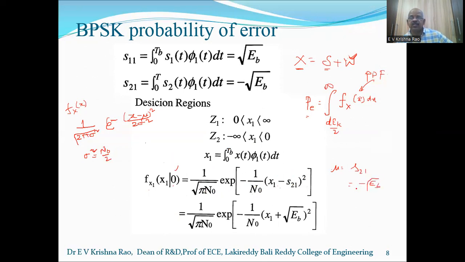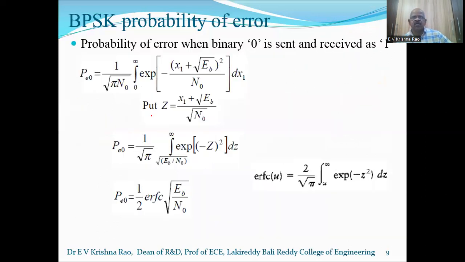If you substitute minus root EB, that is (x plus root EB) square. If you integrate this probability density function, we get the probability of error, when zero is transmitted and received as binary 1.